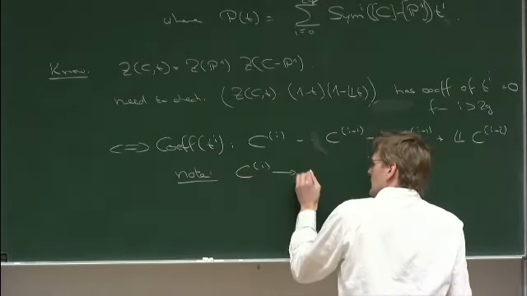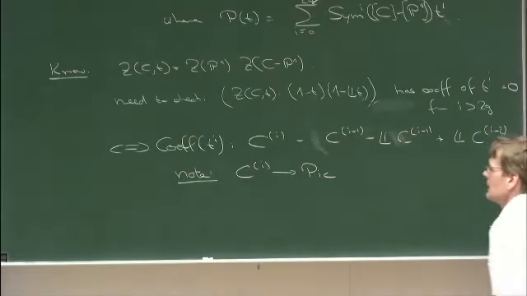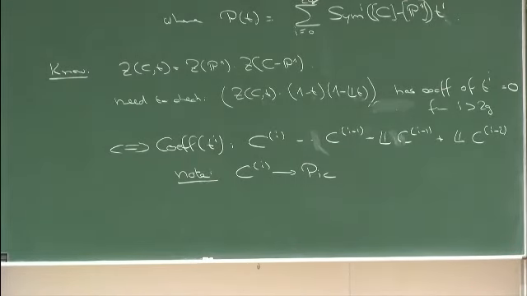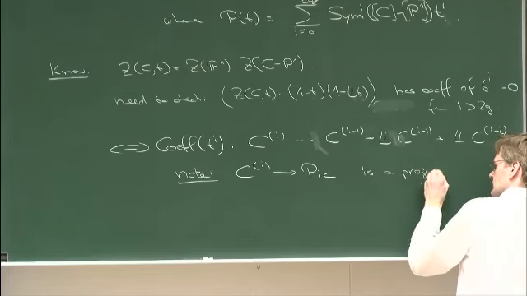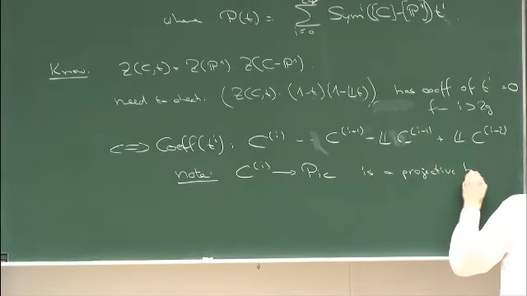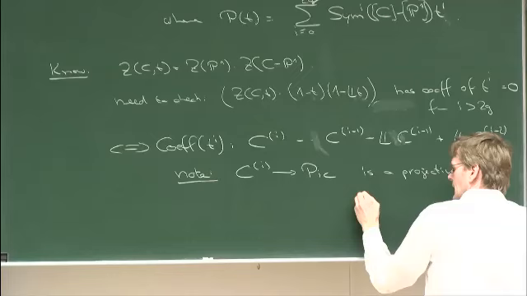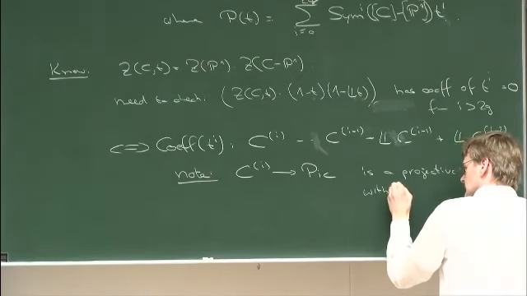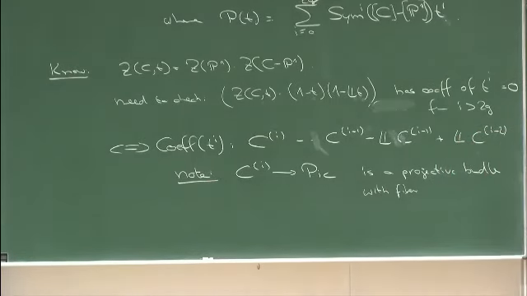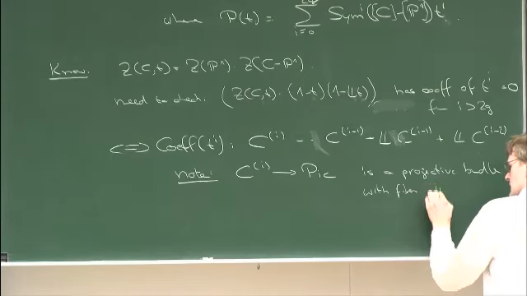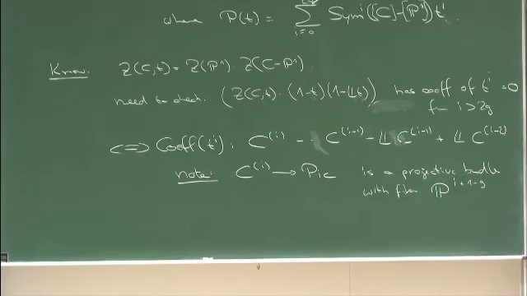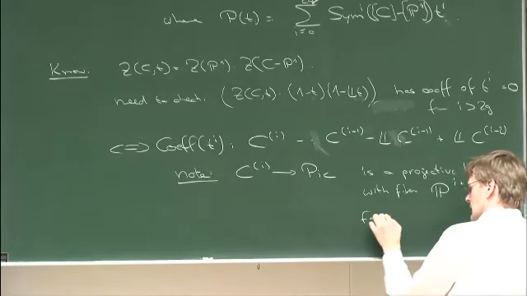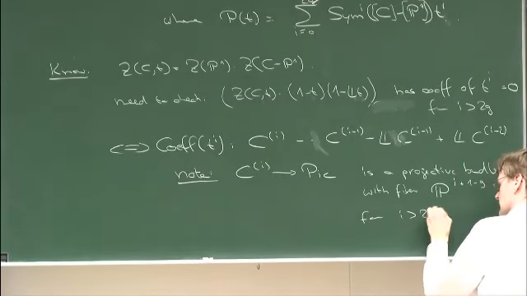But then you stare at this formula and note that c to the i over the Jacobian, since I have a point, is a projective bundle with fiber P to the degree plus 1 minus g, for i bigger than 2g minus 2.